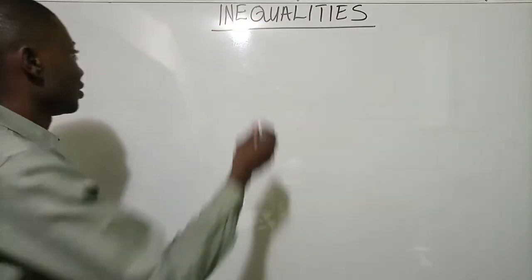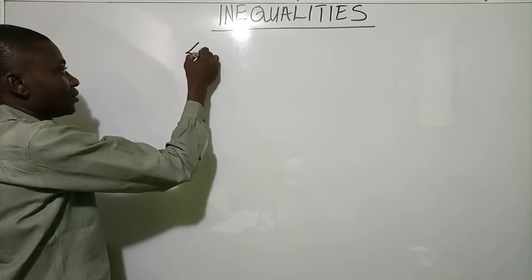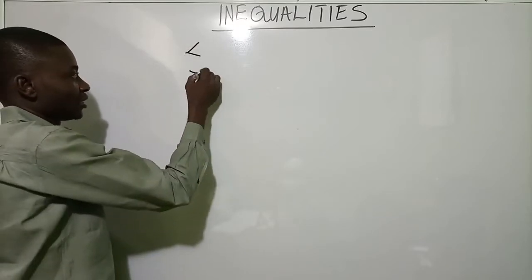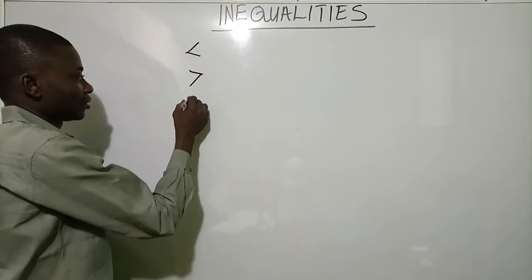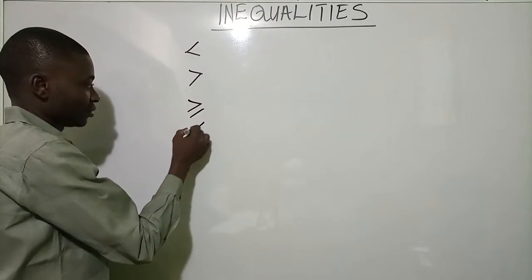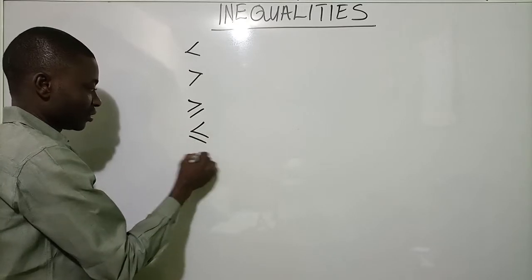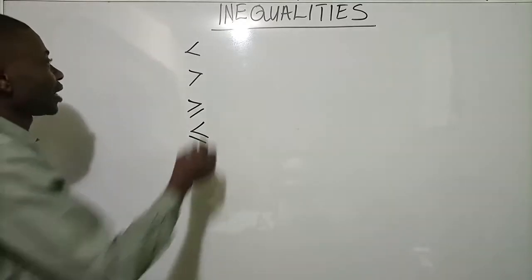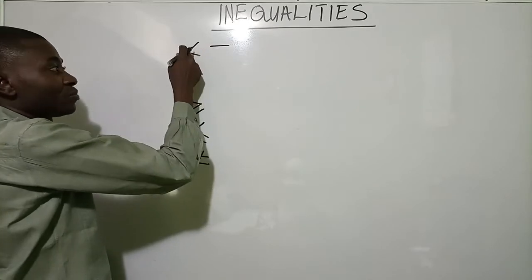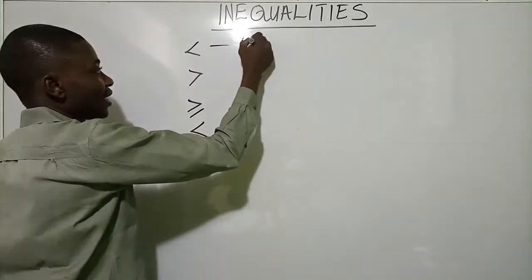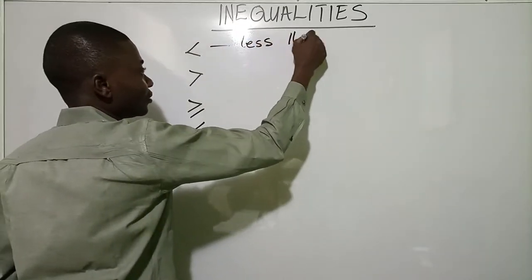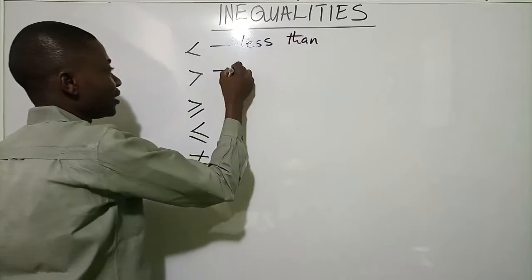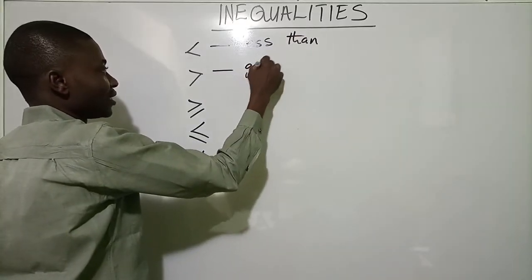For instance, you see something like this, and this. These signs are so important as each one means something. When you see this, what does it mean? This means less than. This means greater than.